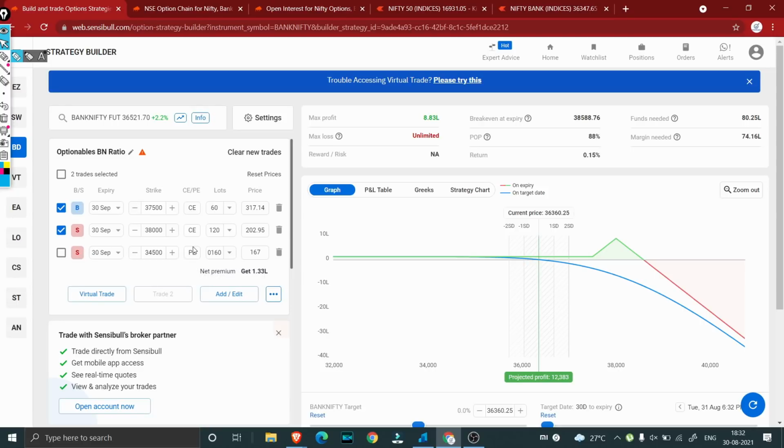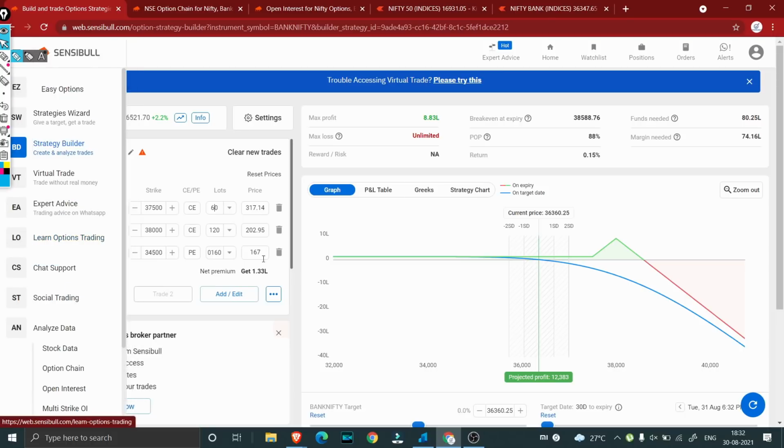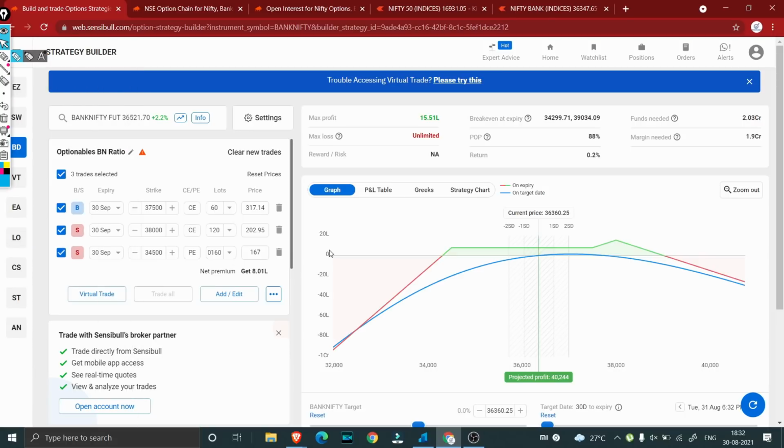But not just this, along with this I shorted a lot of put legs of 34,500. You can see at 34,500 I shorted a lot of put legs, putting my lower break even at 34,200 and my upper break even at 39,000.